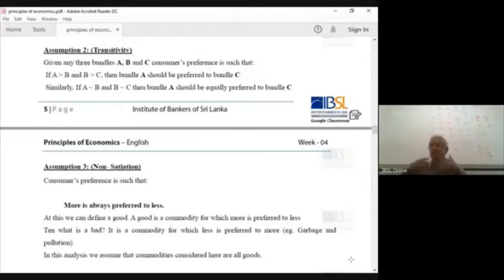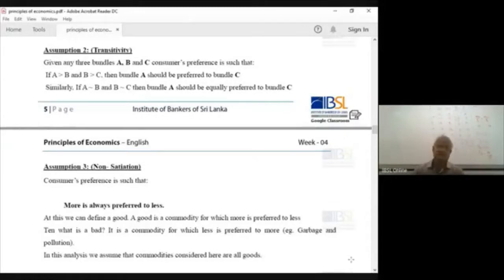We want more rather than less. Apples: 10 apples, 15 apples, 20 apples, we always prefer to have more and more. Income: $1,000, $2,000, $3,000, $4,000, we always prefer more to less. That is, income is a good. More is preferred to less.